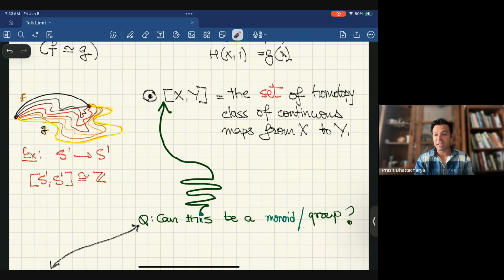Okay, I have taken two topological spaces, x and y, took all the continuous functions from x to y and modded out by the homotopy relation. Can it form a group? Can it be a group? Okay, any questions, or is the question clear that we are trying to address here?